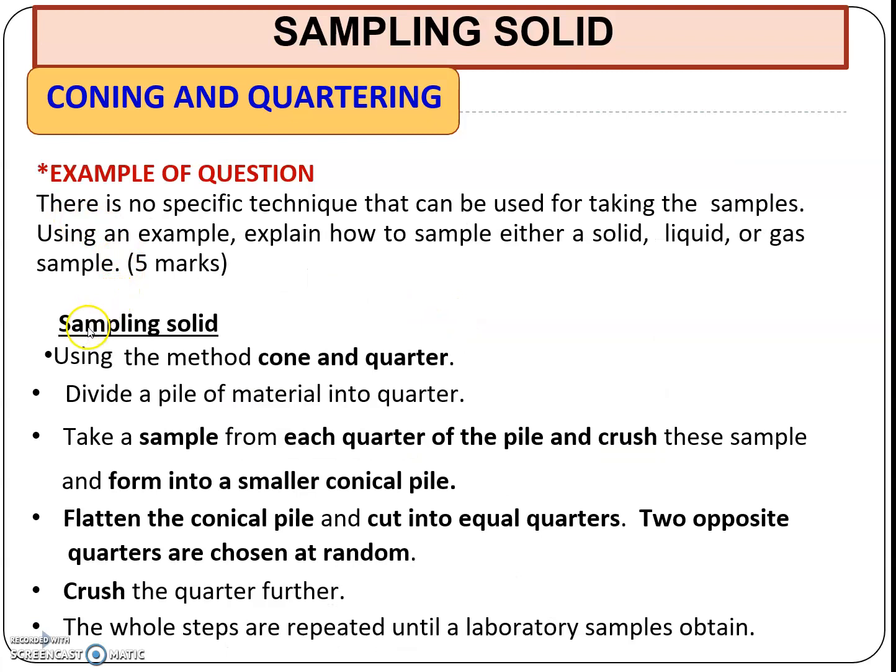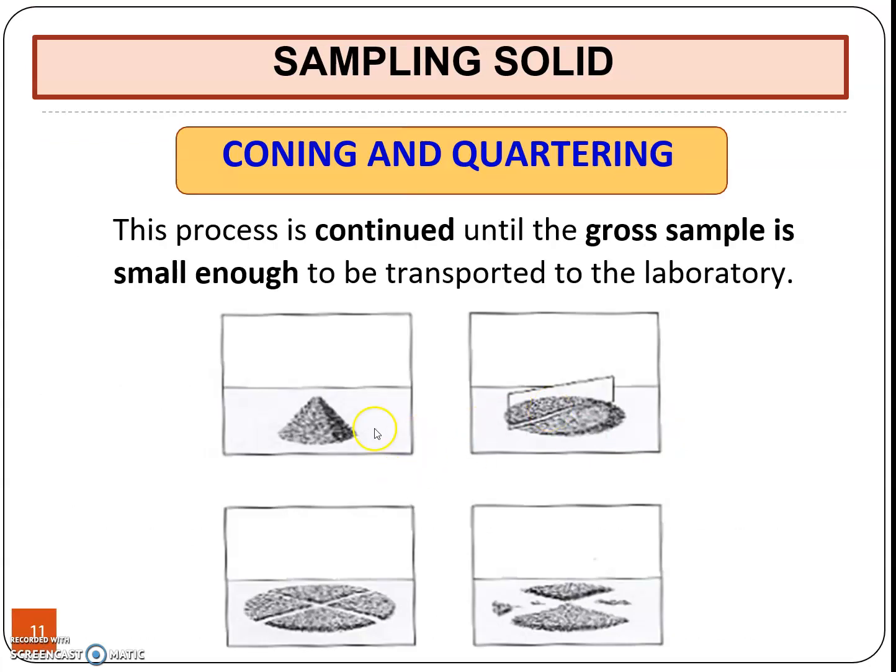So what is the step? Okay, divide a pile of material into quarter and then take sample. Okay, take sample from each quarter of the pile and crush the sample and form into a smaller conical pile.